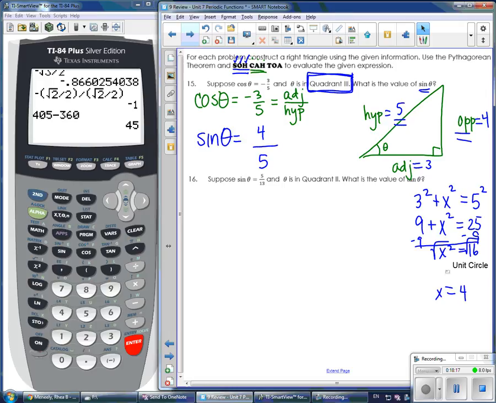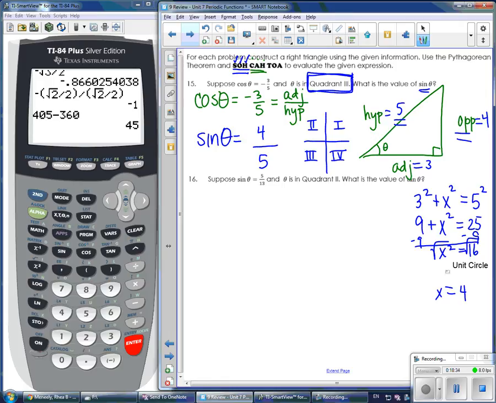So if we go back to our unit circle, in fact, you know what? I don't need to go back to my unit circle. I can draw the quadrants right here. This is quadrant 1, this is quadrant 2, this is quadrant 3, and this is quadrant 4. Remember that sine refers to your y value.